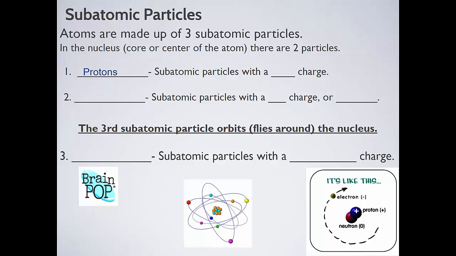Protons are these very small particles found in the nucleus. And these subatomic particles can have an electrical charge as well. Protons, can you guess what charge that is? Positive charge.